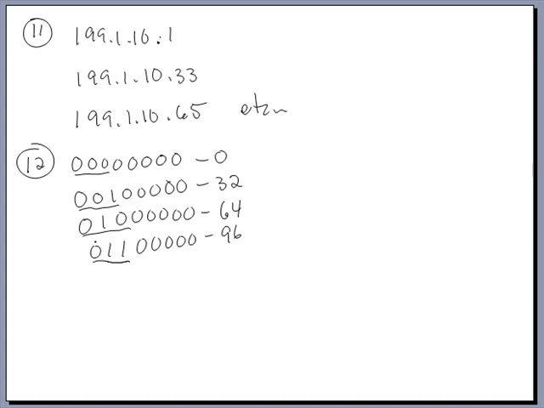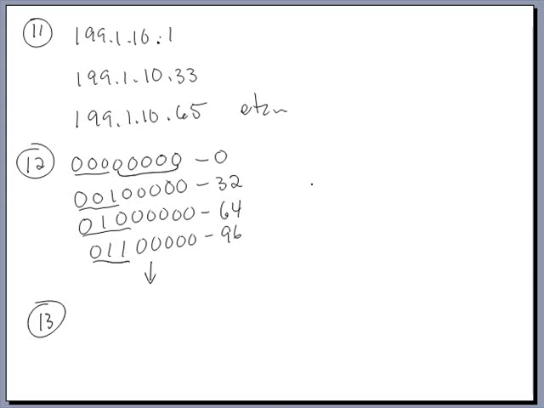All right, so that's question 12, and again, keep going until you get to the end. Question 13 says, oh, I didn't finish this one. It says, how many bits are in the host portion? The host portion in this particular example is going to be the 5.